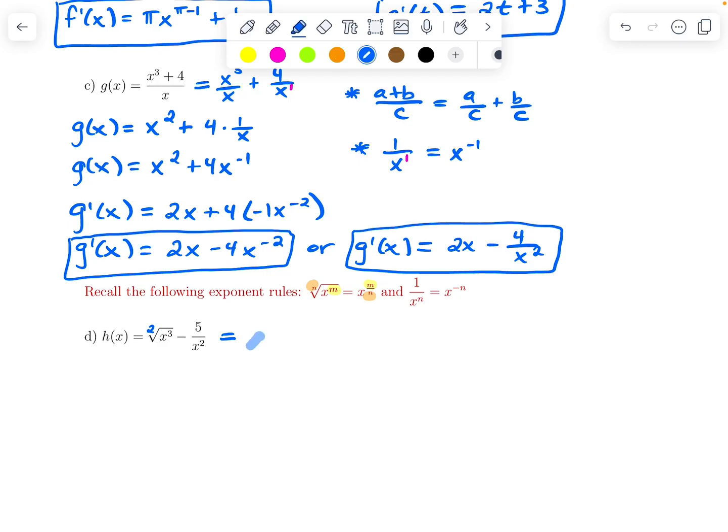So the root number is always the denominator. That's how I remember it. So this is going to be x to the 3 halves. And then this is going to be minus 5x to the negative 2.